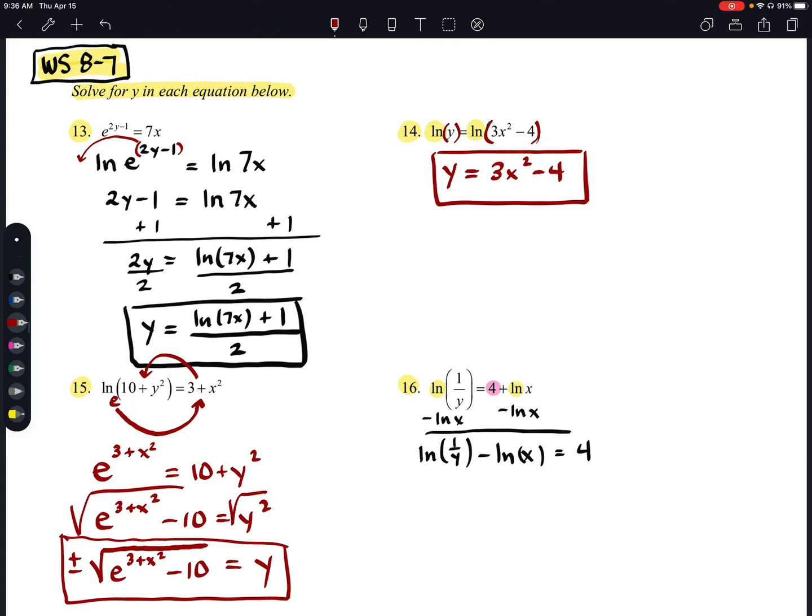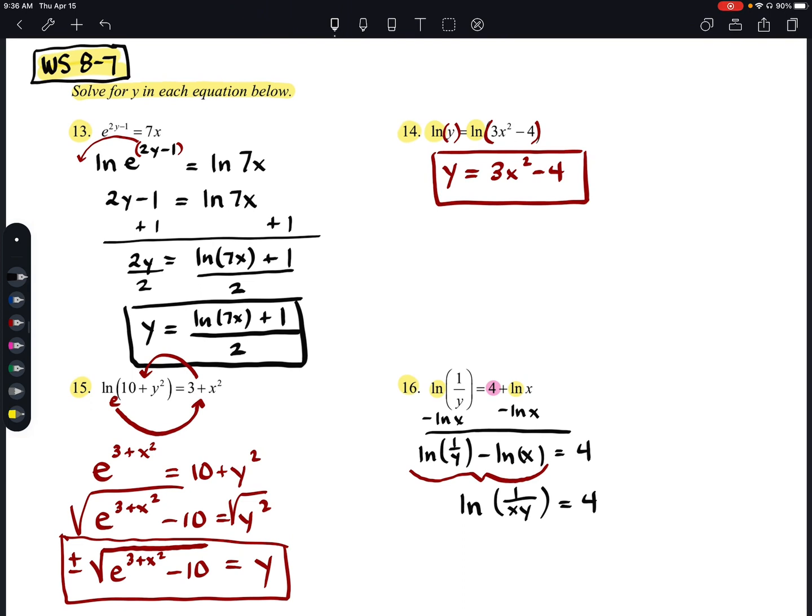And when we have two logs on the same side with the same base and they're subtracting, we can use the quotient property of logs and combine it into one log. So this should be the natural log of 1 over y times x, or x times y, however you want to write it. Because when I do 1 over y divided by an x, I get 1 over x times y.